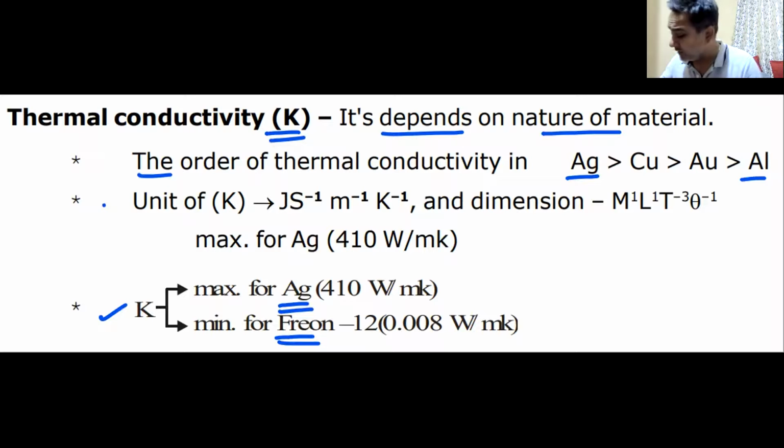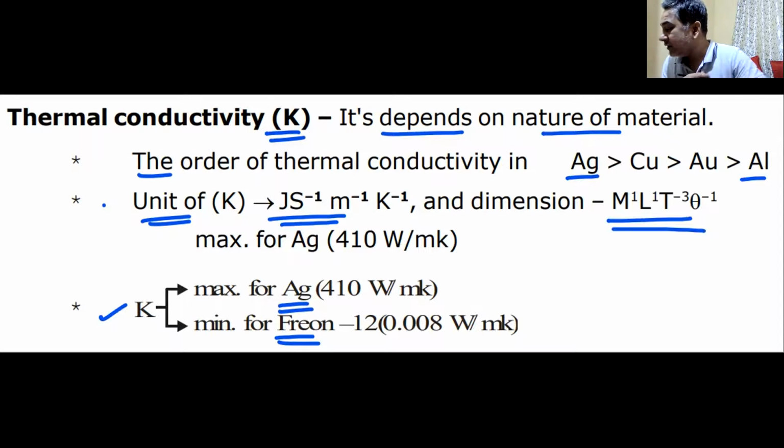You don't need to know this. You need to know the unit of thermal conductivity. This is the unit for thermal conductivity. The dimension is M1 L1 T minus 3 theta raised to the power minus 1. Remember the units and remember the dimensions. I'll give you a minute to note these things down.